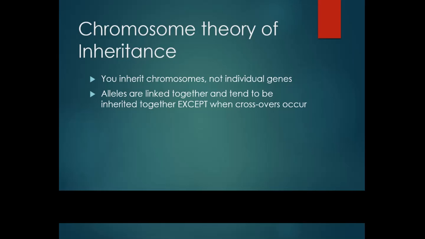So for example, if the gene for eye color is closely linked on a chromosome to the gene for blood type, you will either inherit, let's say, your father's blue eye allele and his type B blood type, or your mother's brown eye allele and her type A blood type. Those things will be together. And we'll talk about that in chapter 7 when we talk about genetic linkage.